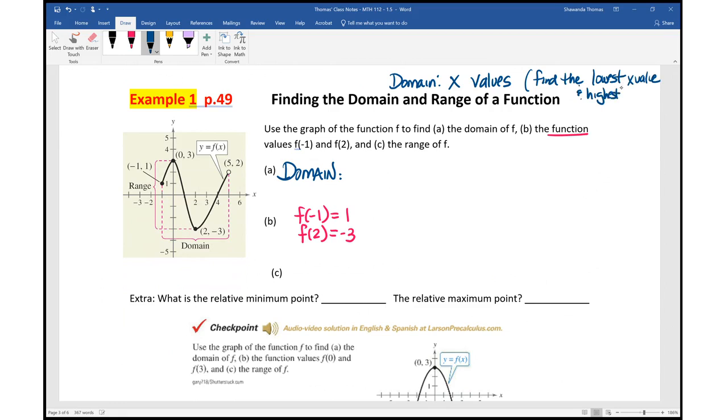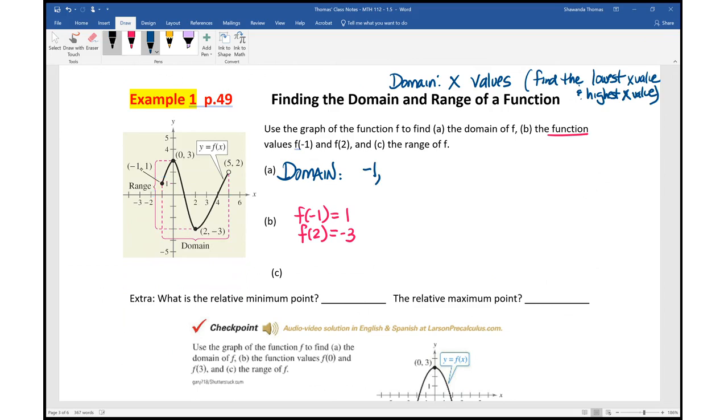We're going to write this in interval notation. So the lowest x value, now we're looking at the x-axis here. This is the x-axis. So we're looking to the left because the lowest numbers on the x-axis are on the left. So this is the leftmost point right here. The x value that corresponds to that point is -1.